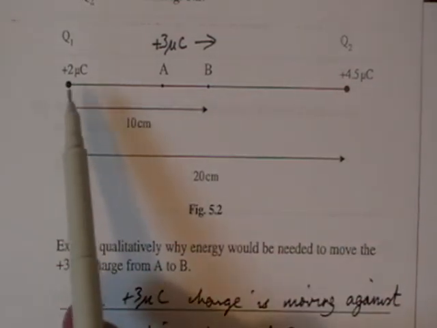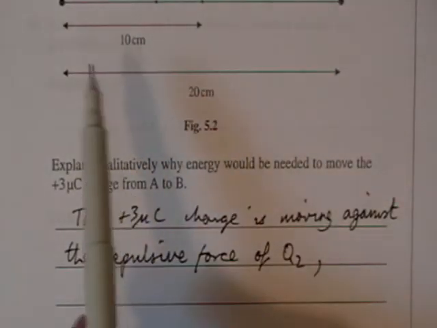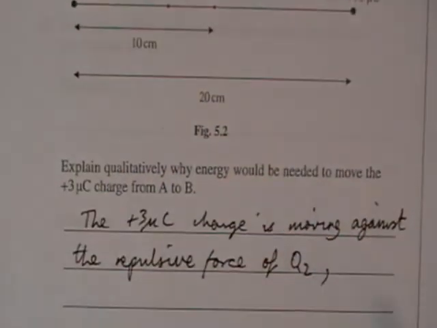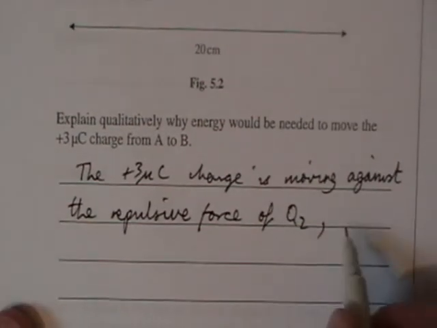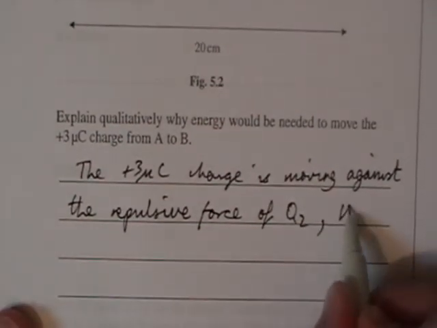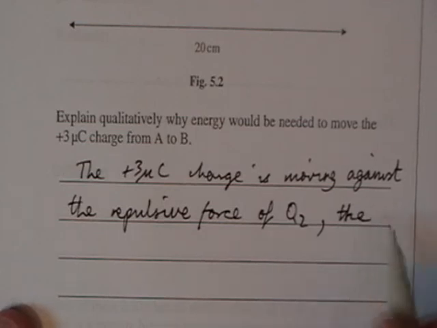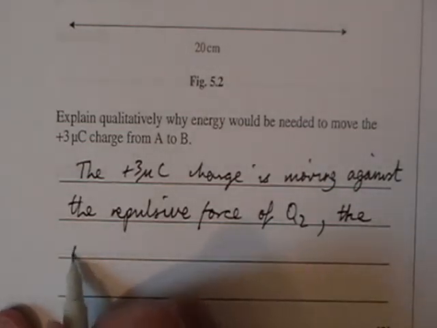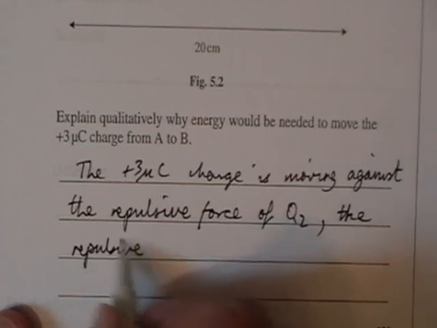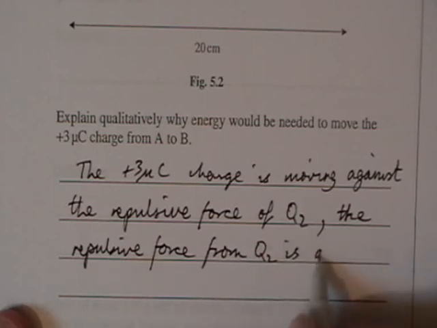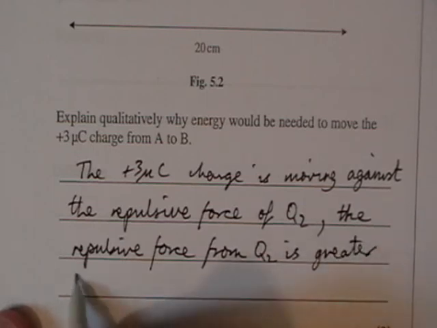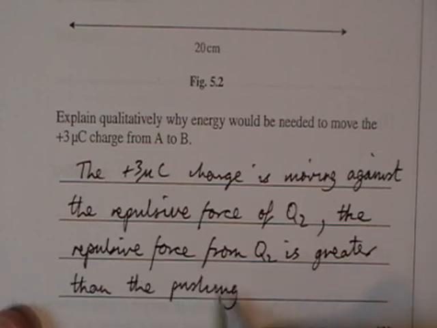Now, it is getting some help from the plus 2 microcoulombs here, but the plus 3 microcoulomb charge is moving against that repulsive force of Q2. The repulsive force from Q2 is greater than the pushing force, which is helping you, from Q1.